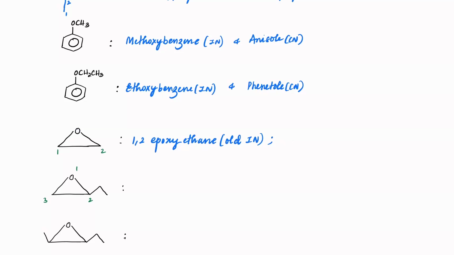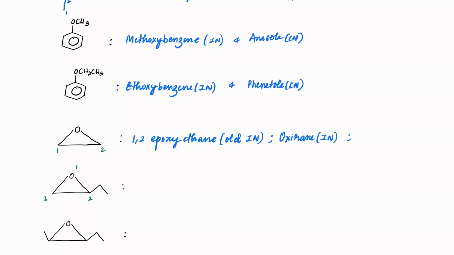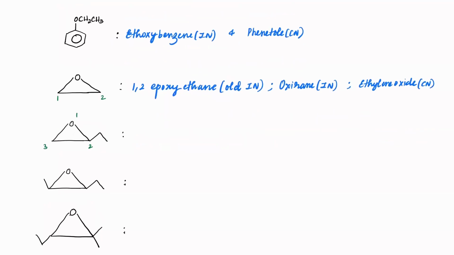So this is a 3-membered ring. A 3-membered ether ring is called oxirane. This is the IUPAC name which we will be using. The common name is ethylene oxide, because there is an ethylene group here to which oxygen is connected.